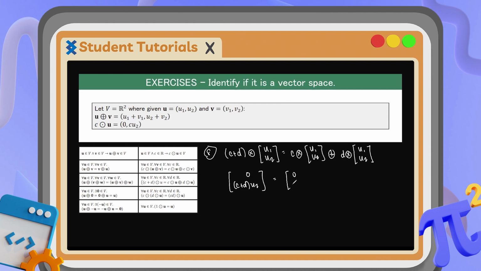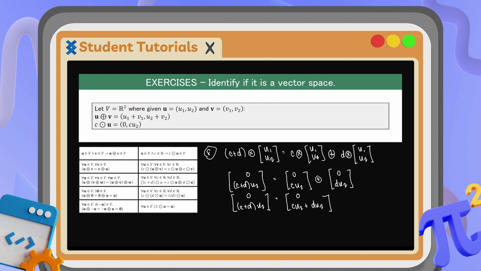So 0 first, followed by c times the element u sub 2. Applying vector addition with scalar multiplication of d and (u sub 1, u sub 2) gives us 0 and d u sub 2. And here, when we apply vector addition, we simply apply the rule like so. So this gives us 0, c u sub 2 plus d u sub 2. And then here, 0, (c plus d) u sub 2.